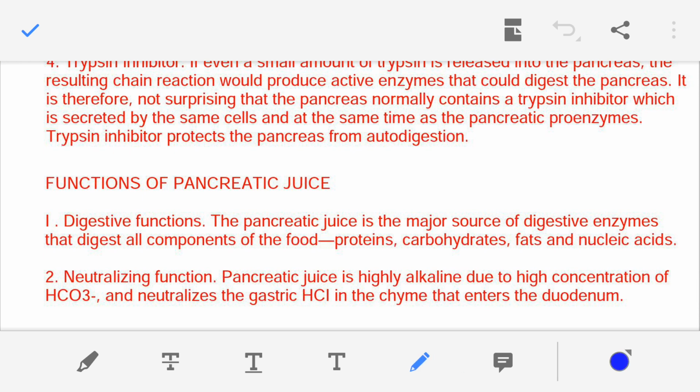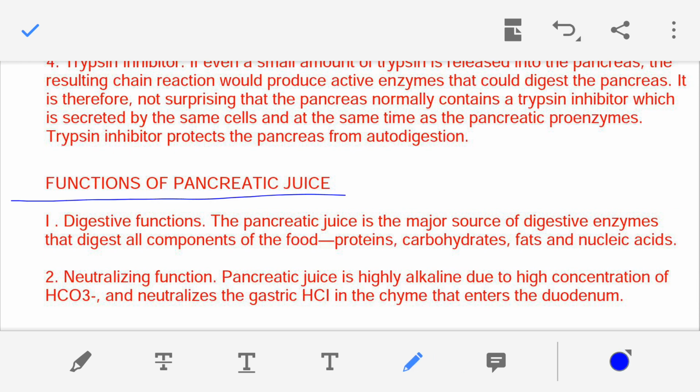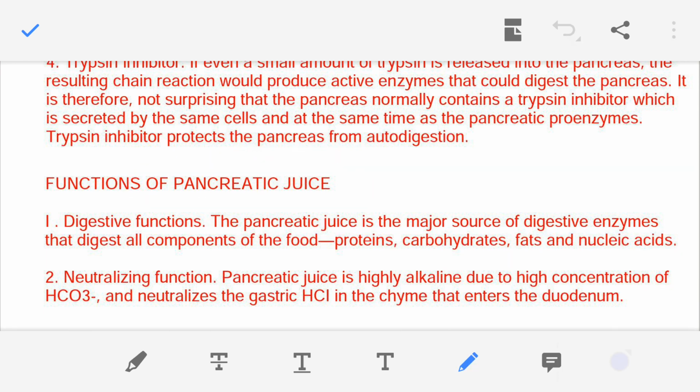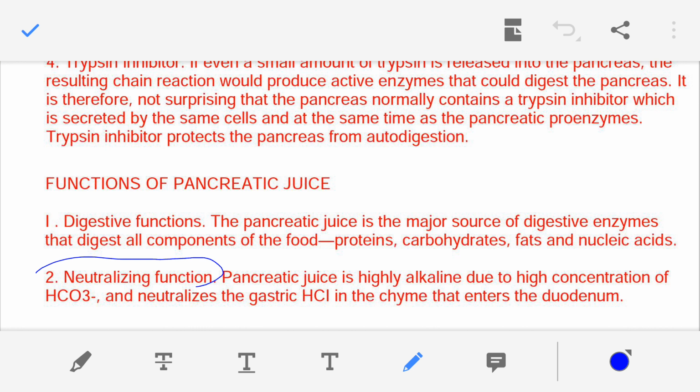Then finally, the functions of the pancreatic juice. The pancreatic juice is the major source of digestive enzymes, and in our food, proteins, carbohydrates, fats and nucleic acids are present. Digestion of protein, carbohydrate, fat and nucleic acid is possible due to the enzymes present in the pancreatic juice. Then the neutralizing effect of pancreatic juice.